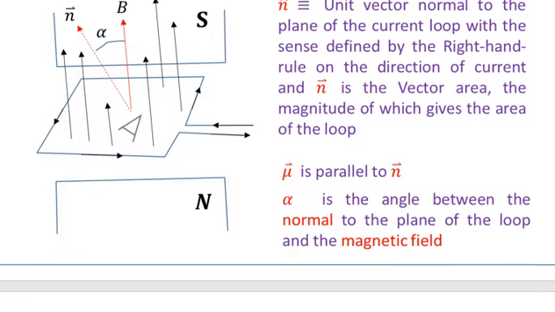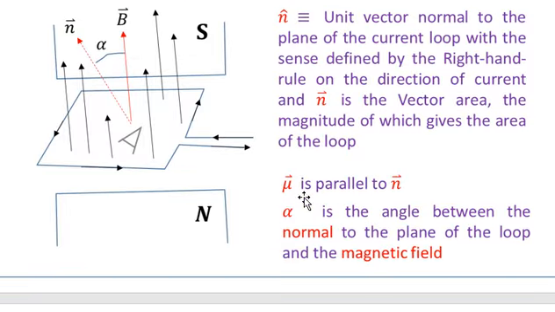Mu is parallel to n. So this is the condition. You see that mu is parallel to n. I have not shown the direction of mu, but I shall show that one later on in the next slides. And alpha is the angle between the normal to the plane of the loop and the magnetic field.